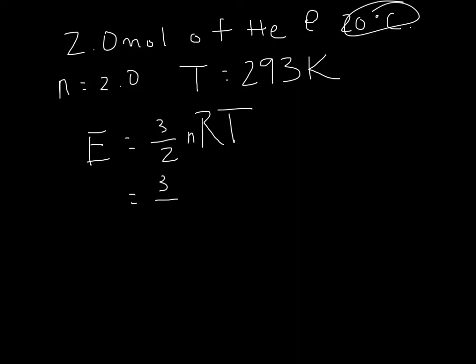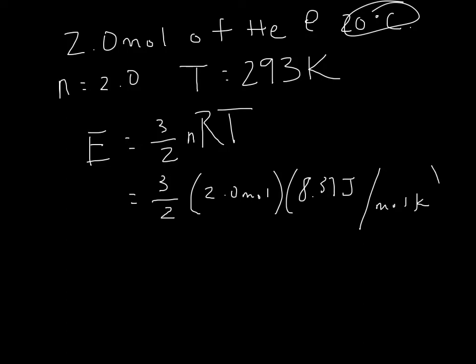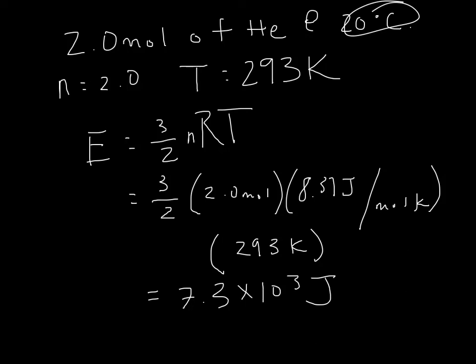So if we plug in everything that we have, 3 halves times 2 times 8.31 joules per mole Kelvin times 293 Kelvin, we get an answer of 7.3 times 10 to the third joules. That is the total internal energy of the system.